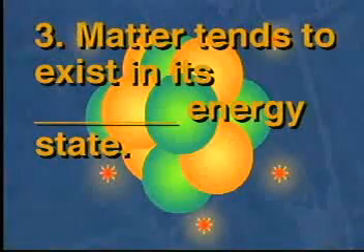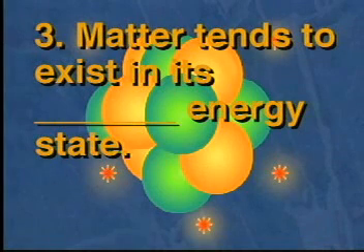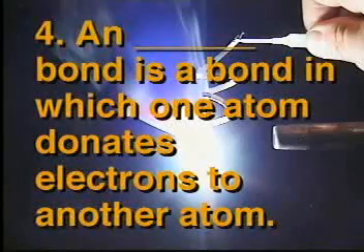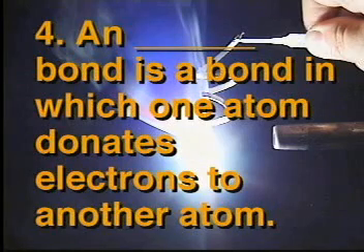Number 3. Matter tends to exist in its lowest energy state. Number 4. An ionic bond is a bond in which one atom donates electrons to another atom.